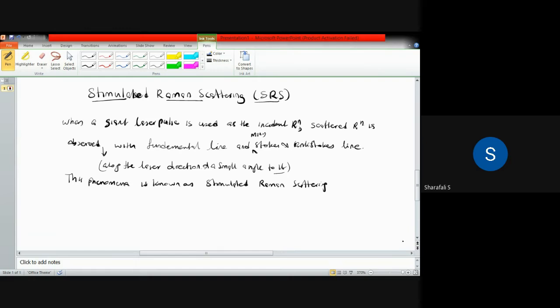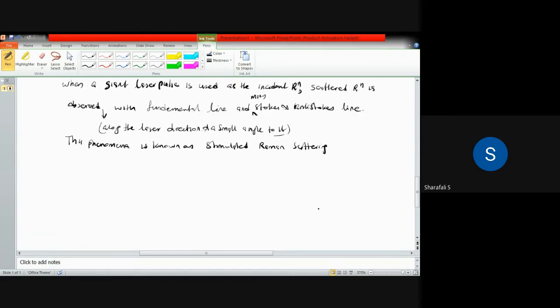And what is the importance of this stimulated Raman scattering? In normal scattering, what will be the condition? If you have some h nu 0 energy interacting with the molecule, I will use these top lines to explain this. The similar behavior we can observe with the anti-Stokes line also. Suppose you have these energy levels. This is the ground state energy level.